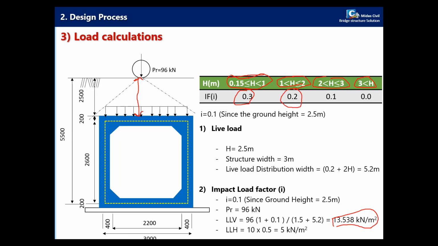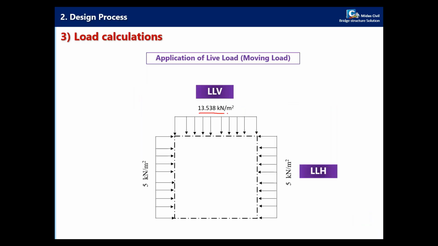When it's between 1 and 2, we have 20%, and between 2 and 3, it's 10%. If H is greater than 3, then the live load doesn't have any influence. So we can continue. These are the values of the live load we just calculated.